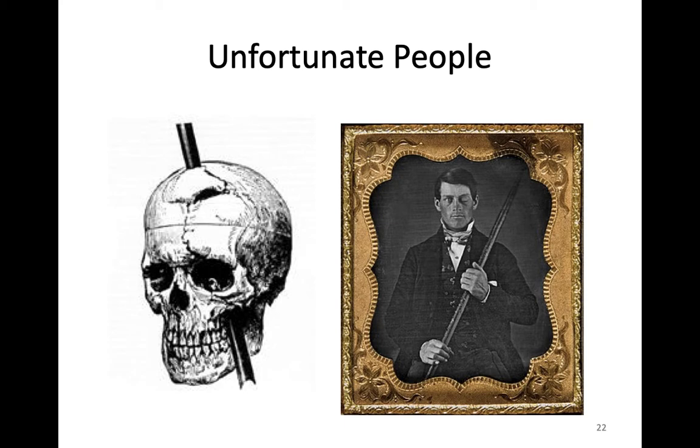So this was one of the first instances. We knew back then in the 1850s that the brain was involved in some way in adjusting personality. Now, I'll have to say, it could be that, or he could have just been grumpy because he had a pole go through his head. But this was taken as very early evidence that the brain is involved with personality.